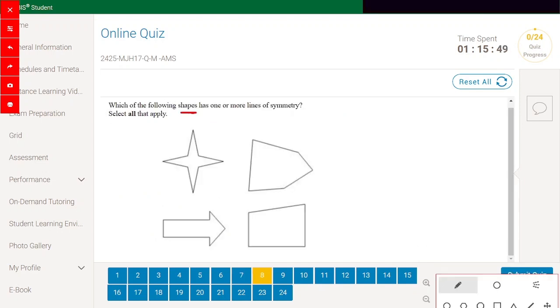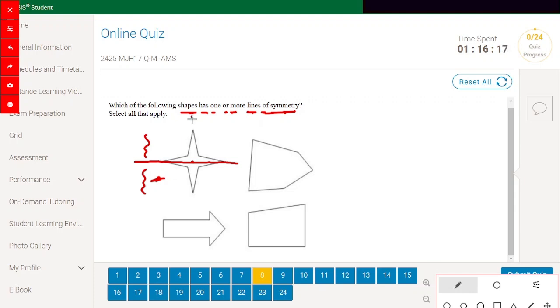Which of the following shapes has one or more lines of symmetry? So let's take figure 1. Let's find the center. This is the center. If we draw a line through the center, we get that this shape is equal to this shape, so this is a line of symmetry.